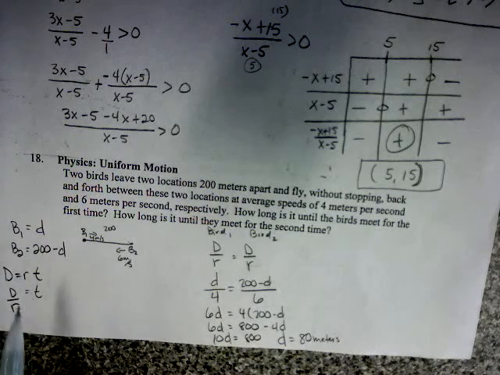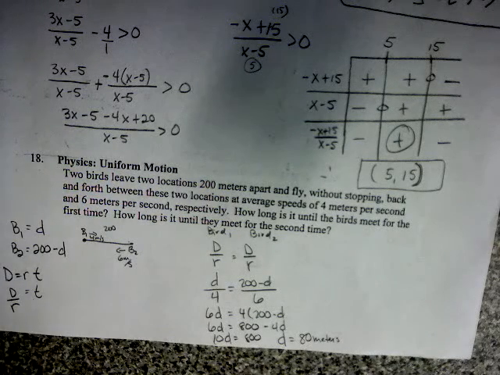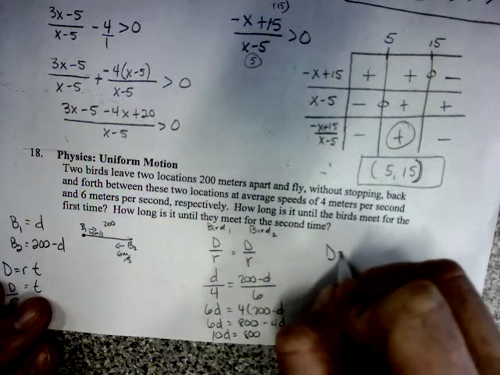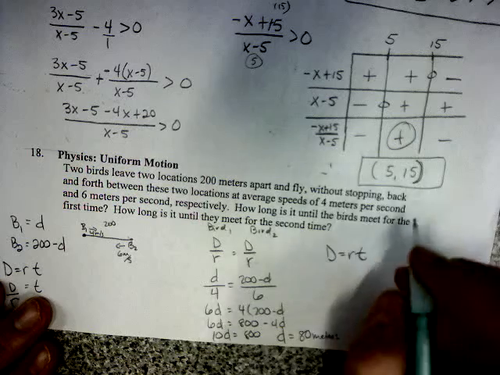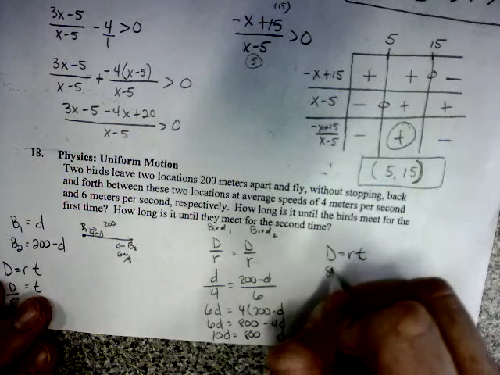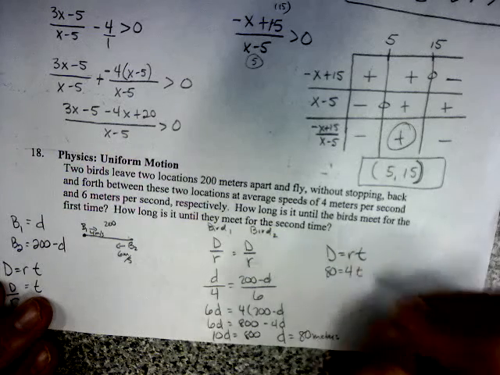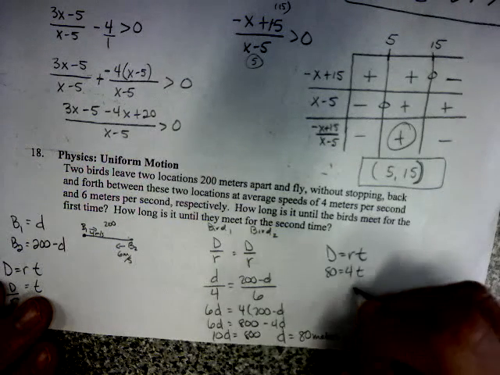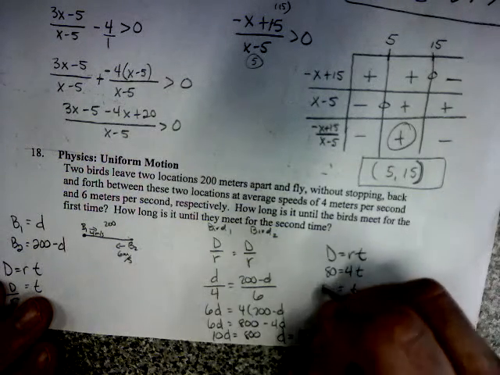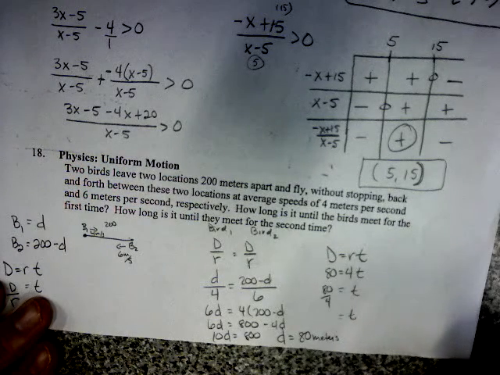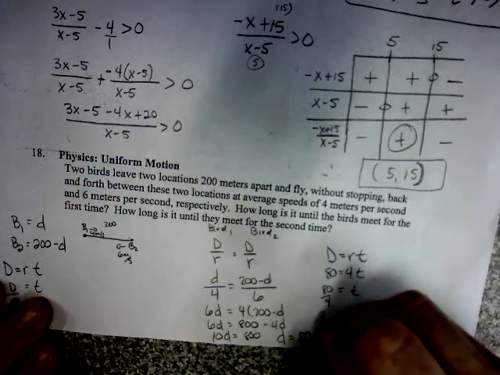So since bird 1 flies 80 meters, we can see how long he's been flying because distance is equal to rate times time. So bird 1 flies a distance of 80 meters at a rate of 4 meters per second. We need to solve for how long he's been flying. That's just going to be 80 divided by 4, which is 20 seconds.